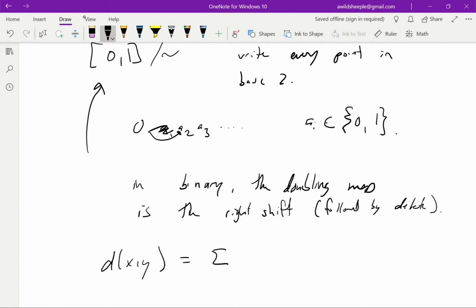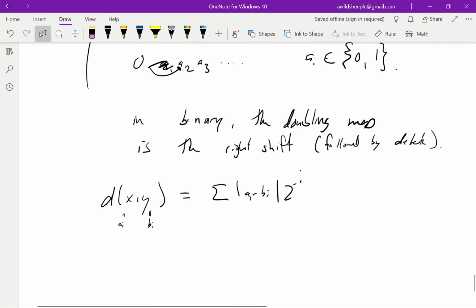So if x is some expansion in a_i's and y is some expansion in b_i's, then I take a_i minus b_i in absolute value and hit it with 2 to the minus i. This is just saying if they disagree in a spot, then you pick up half a point, or some suitable power of 2 of distance.